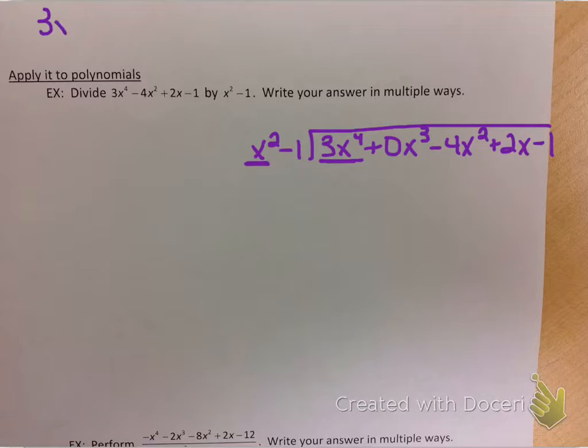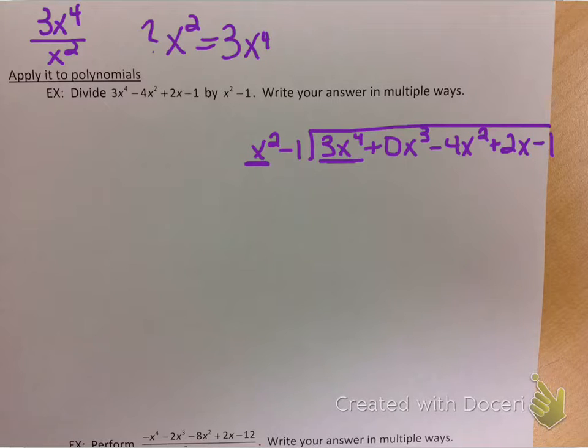Now, if you have trouble doing division of polynomials, you can always rephrase it as a question to yourself instead. What you can ask yourself is: what would I have to multiply x squared by to make it become 3x to the 4th? And that will give you the answer to the division problem.